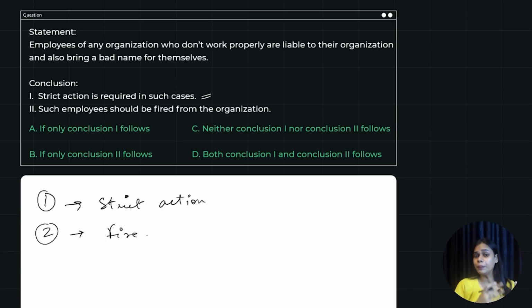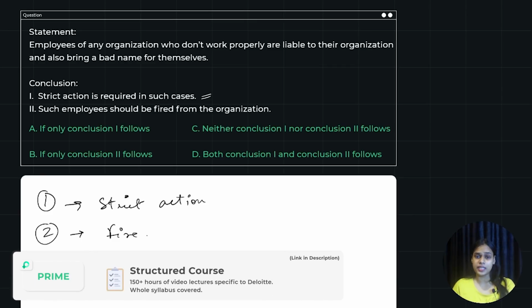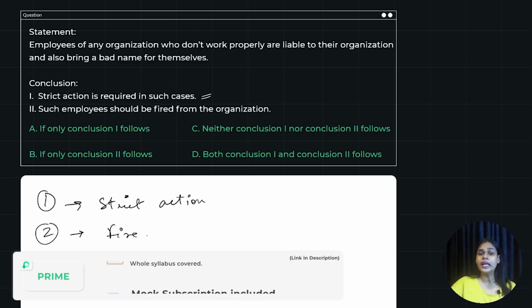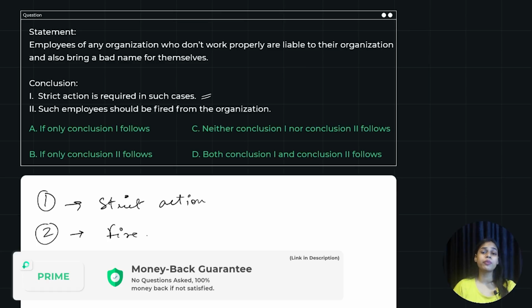We cannot say that B is not working at all, but employee B is not working properly. When does an organization fire people? When the person has resorted to some unethical means, or the person has gone to some extreme level, even after giving them warnings, even after strict actions being taken. So we cannot say that these employees are not working properly even after warnings.